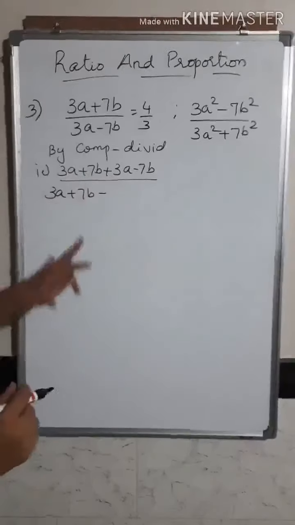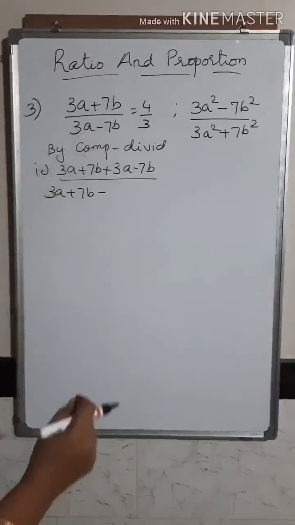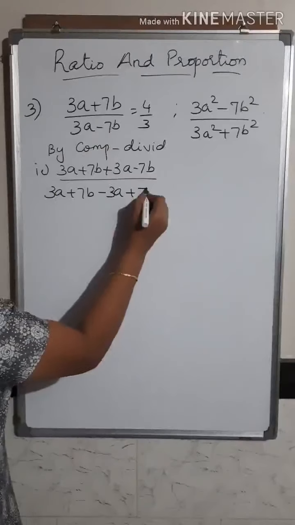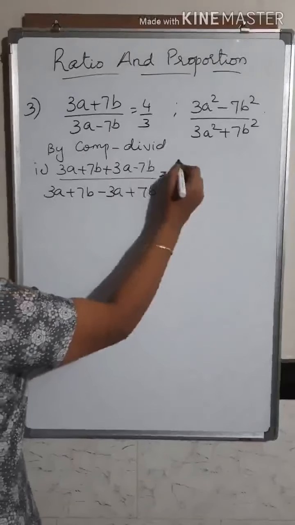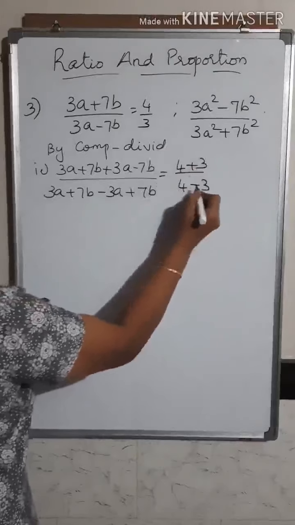Now you are subtracting it. I told you in the last class, when you subtract, you have to change the sign of both the terms. So you get minus 3a plus 7b. So this will be equal to (4 plus 3) upon (4 minus 3).